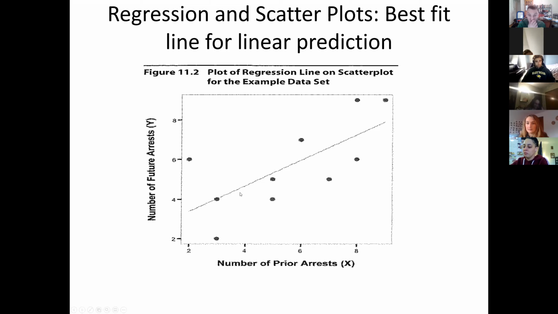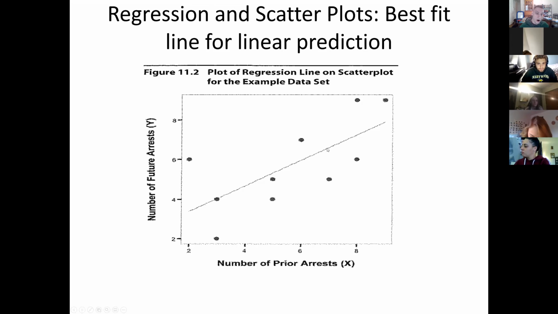What is being estimated in a regression analysis is the line of best fit, calculated to minimize the differences between each individual dot, the actual observations, and the line of best fit that you can see in the middle.